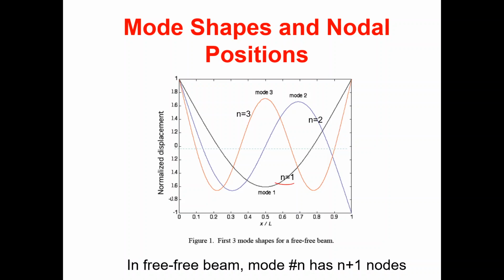So for n1, which is mode 1 of the vibration, we have 2 nodal points, right? For n2, we have 3 nodal points. I'm sorry. So for n1, we have 1 nodal point.